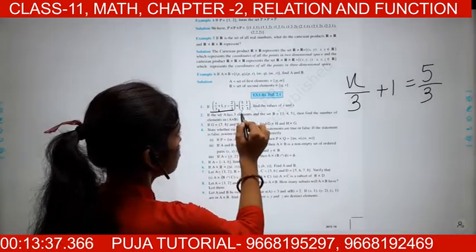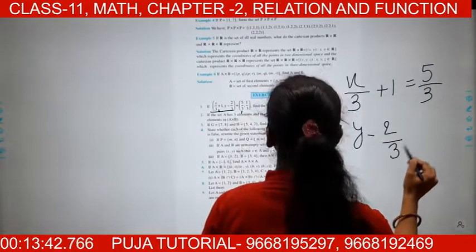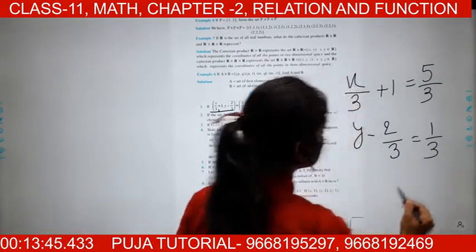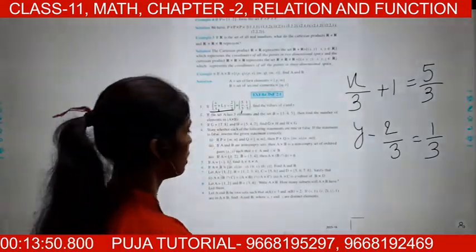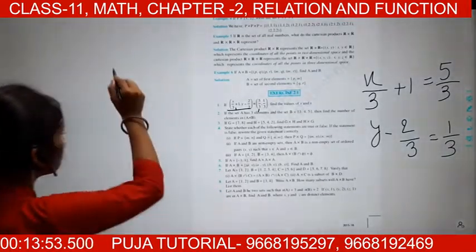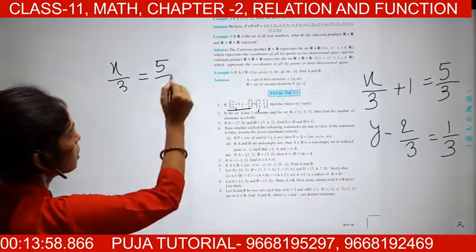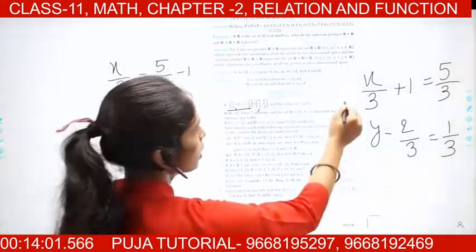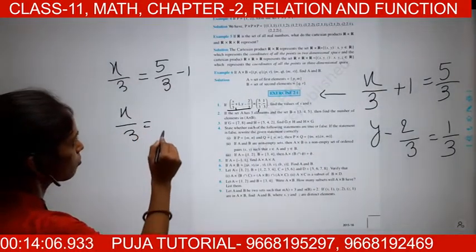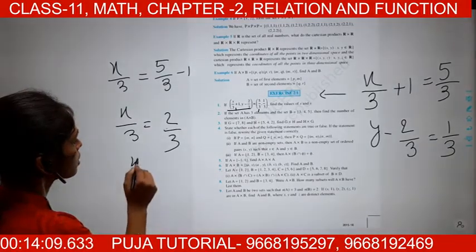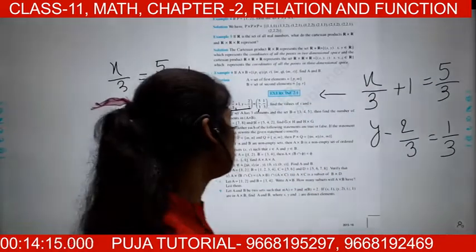This is first, and second is y minus 2 by 3 is equal to 1 by 3. We will solve this. So x by 3 is equal to 5 by 3 minus 1. From this, x by 3 is equal to 2 by 3. X is equal to 2.